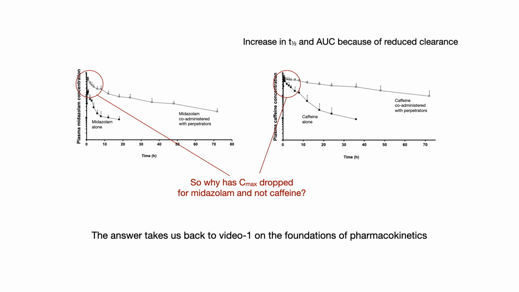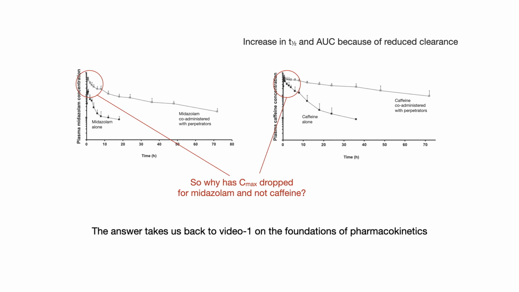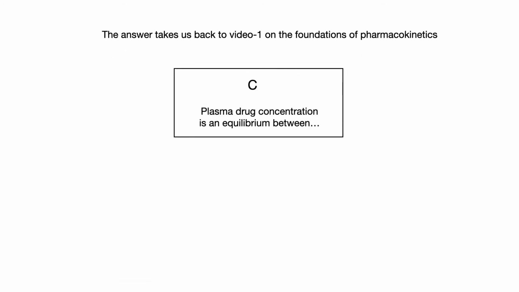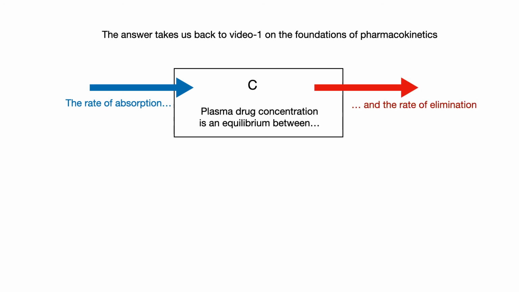And it goes all the way back to video 1, which was on the foundations of pharmacokinetics. The plasma drug concentration at any one time is an equilibrium between the rate of absorption and the rate of elimination. And so during the absorption phase, the drug is still being eliminated.